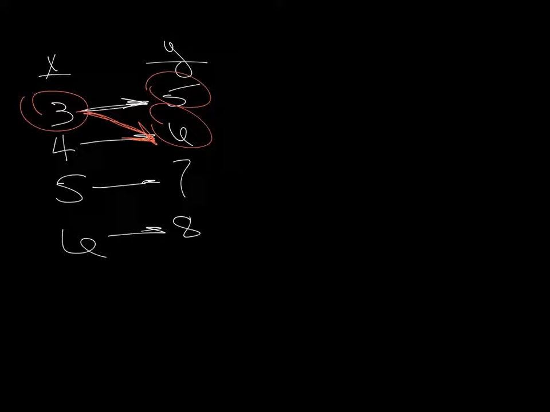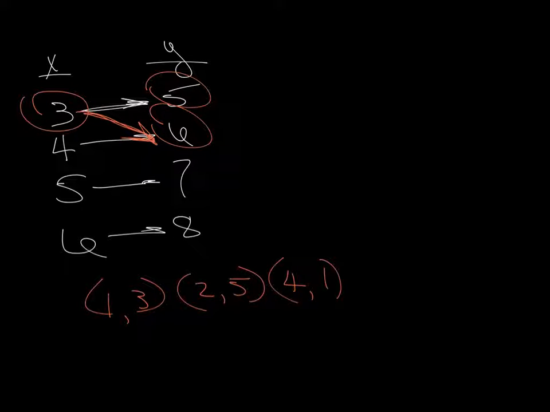Okay? So if I've got a list of x's and a list of y's, and I'm trying to decide if they're functions or not, I might write them like this. 1 corresponds to 3, 2 corresponds to 5, and 4 corresponds to 1. Meaning that when I put 1 in, I get a 3 out.